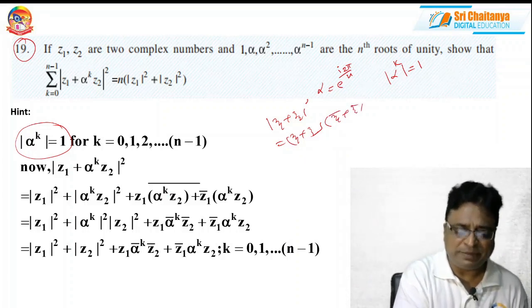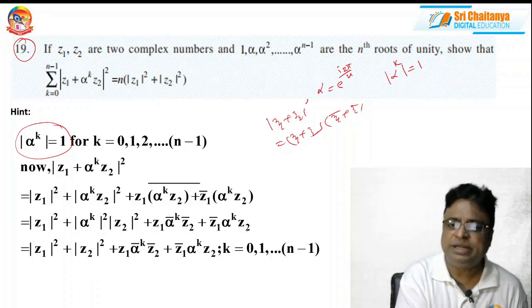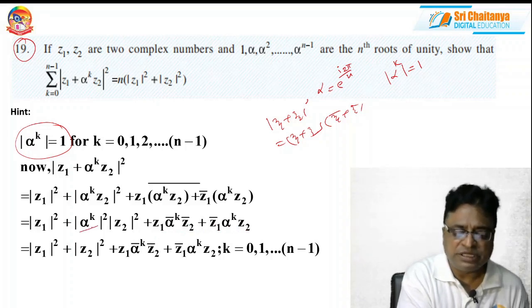So you multiply this. Mod Z1 square, mod alpha power k Z2 square, plus Z1 Z2 bar plus Z1 bar Z2. After simplification, because mod A1 A2 equals mod A1 mod A2, you apply all the modulus properties brilliantly, and of course this becomes what?